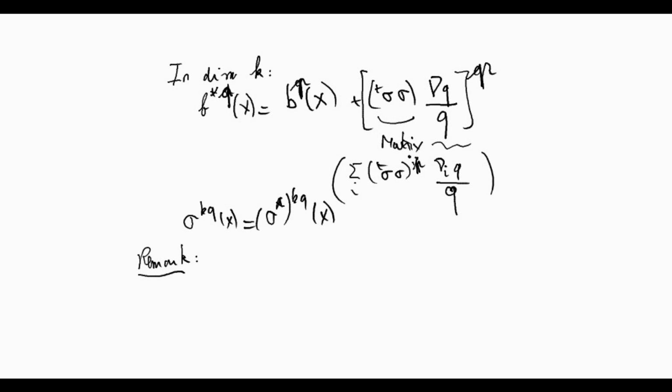Indeed, at the part of the boundary where the process should not hit this part, q of x equals 0 for x which belongs to the part B, because it should exit in part A before hitting this part B.